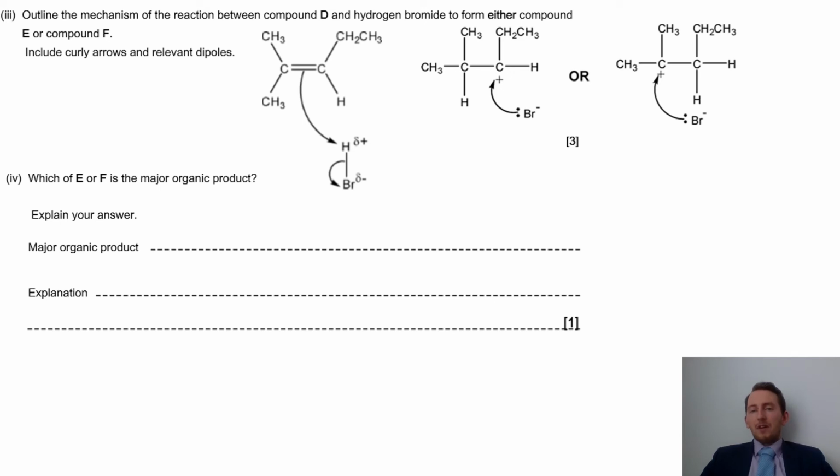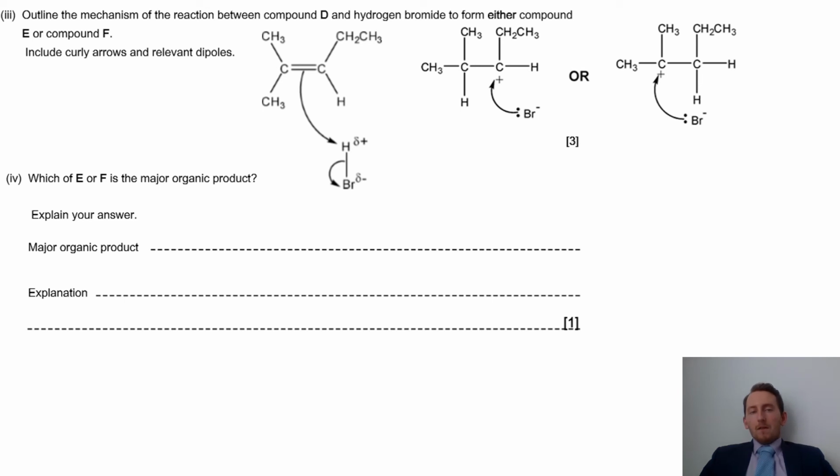That's why we have that negative charge on the bromine, so make sure you show that, along with the lone pair of electrons. From that lone pair, draw a curly arrow pointing to that carbon, and again make sure it's clear where your arrow starts and where it points. Once you've done that, you will form either your compound E or your compound F.